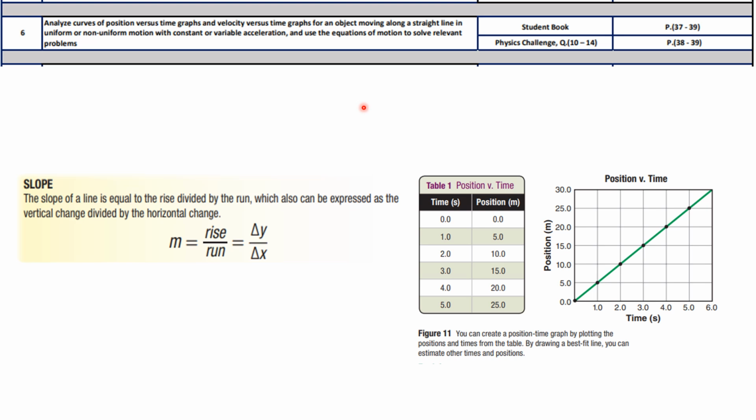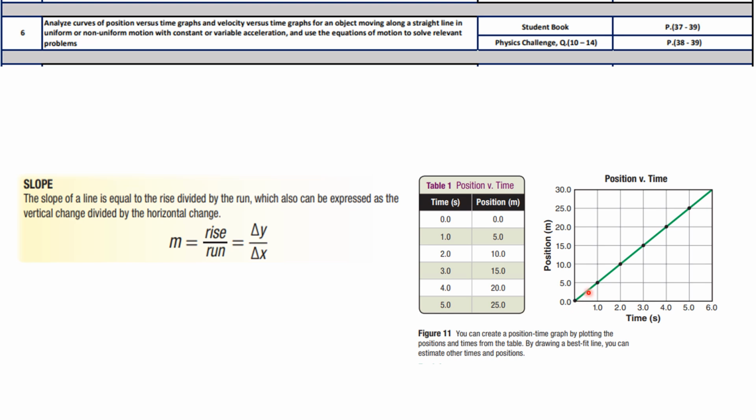All of us know the slope is delta y over delta x, the change on the y-axis over the change on the x-axis. In this case, it's a position-time graph. We have the table, we put the points on the coordinate system, and we draw the line. After drawing the line, I look for 2 points.